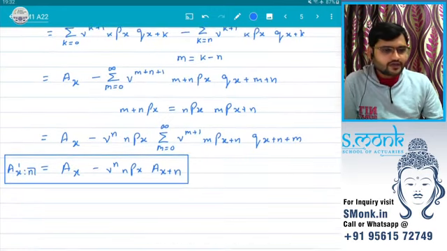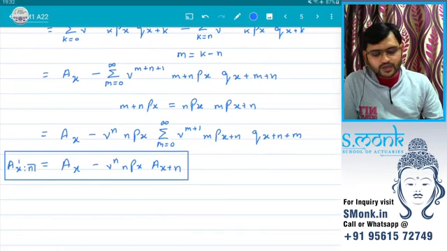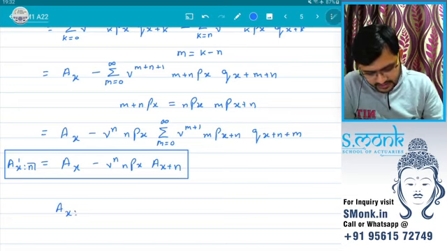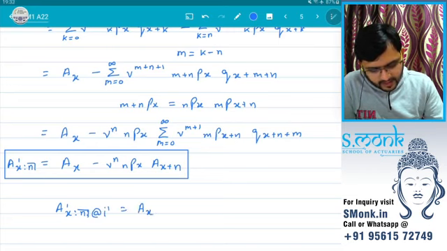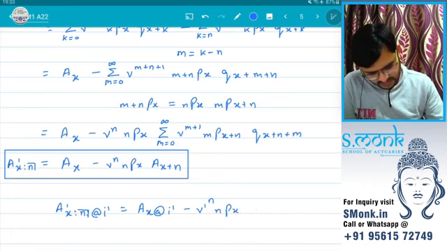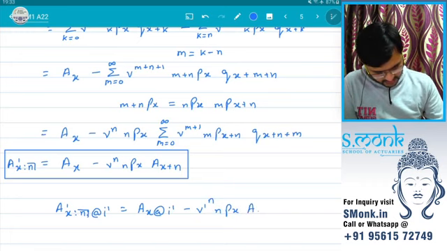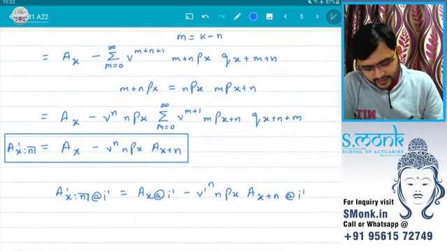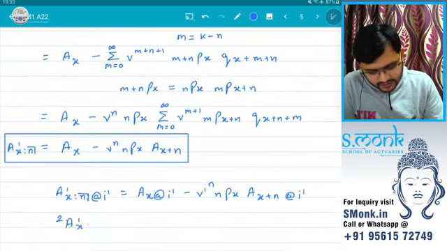Now, of course, if I want to write it in terms of 2 and stuff, I can change the rate of interest. If I say my A x dash n at the rate of i dash will be equal to A x at the rate of i dash minus v dash raised to n, npx, and A x plus n at the rate of i dash. This at the rate of i dash can be written as 2ax dash n.